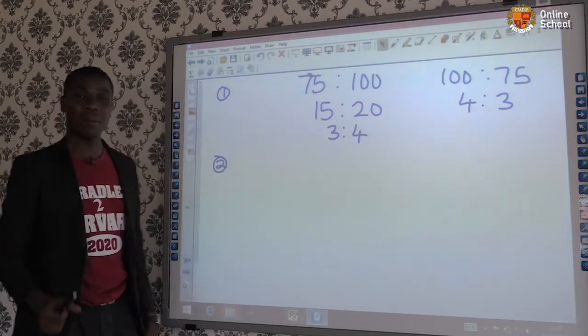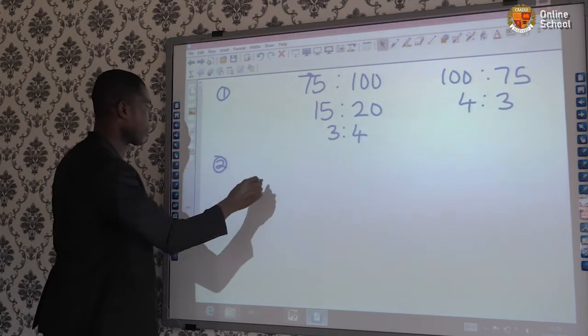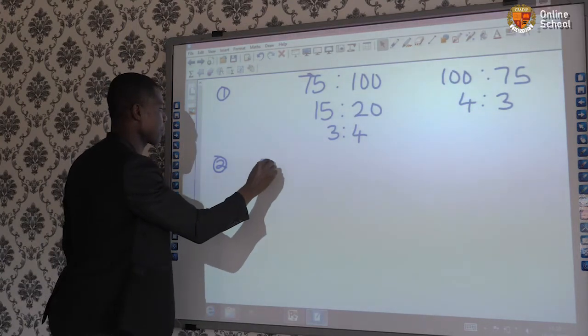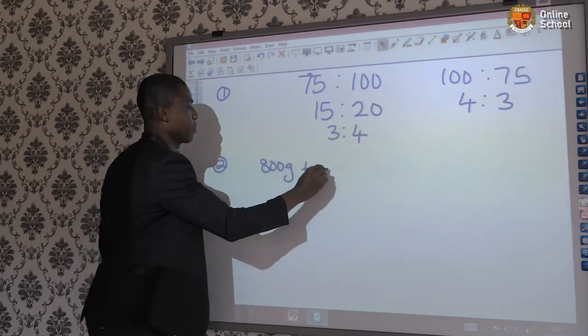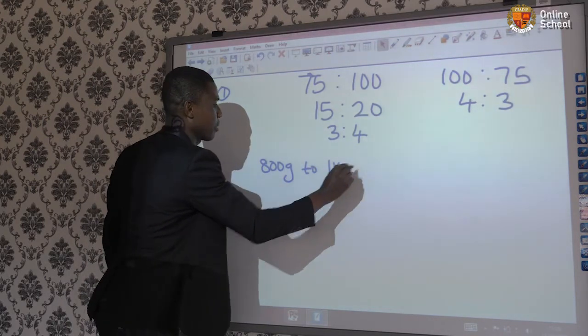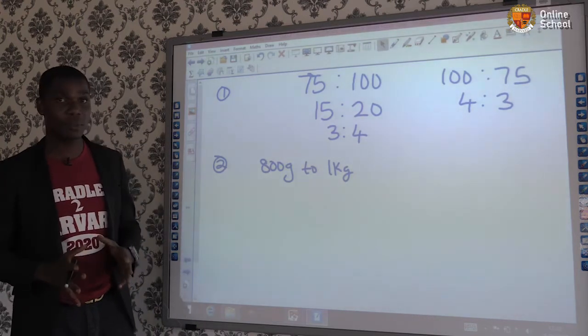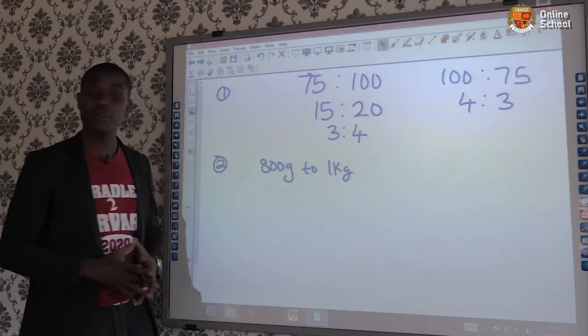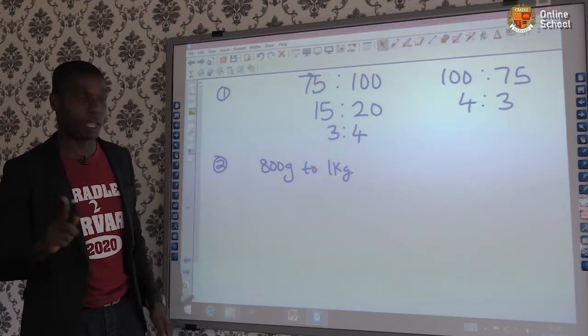You have to be very familiar with your units. Units are very, very important. This time around is what? Grams to kg. How many grams are there in 1 kg? 1 kg means kilograms, okay? How many grams are there in 1 kilogram? It's 1,000 grams, okay?